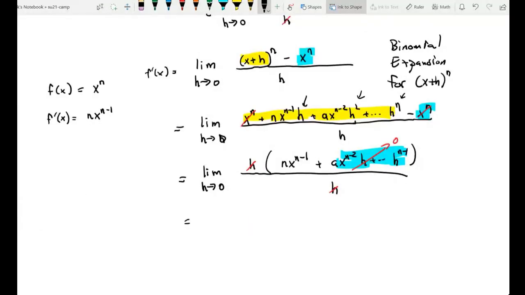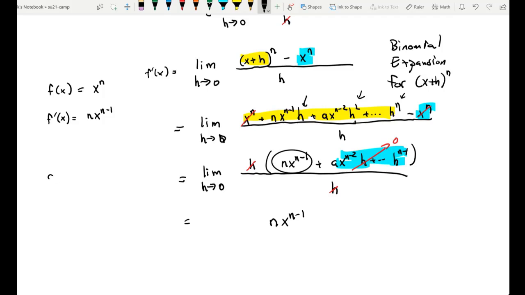Now notice that there's one term that doesn't have an h in it. So when you take the limit as h goes to 0, it's unaffected. So you're just going to be left with n times x to the power n minus 1. This works for any number, but for our purposes, it's good enough to think of, let's say, positive integers for now.